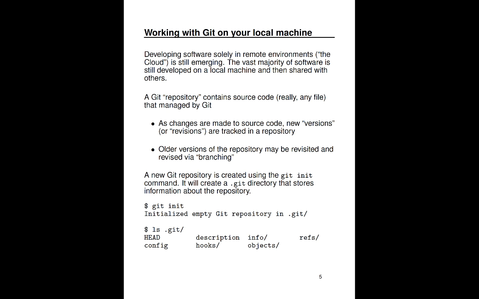Now the .git directory contains basically the internal database and bookkeeping information that Git uses to manage the files that are under source control. If you go look at that .git directory, you'll see there's a bunch of stuff there. It's not anything that you really need to worry about, and actually something you shouldn't mess with. It's all the internal guts of Git, but it's good to know that it exists.